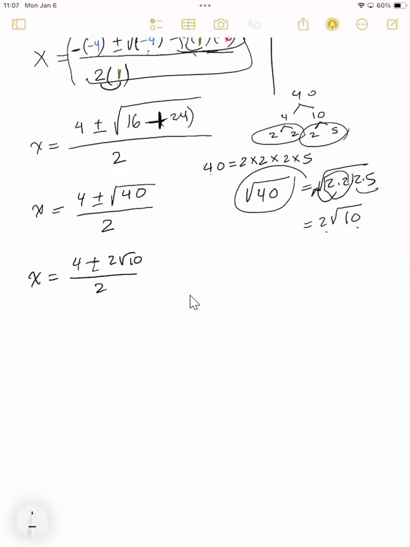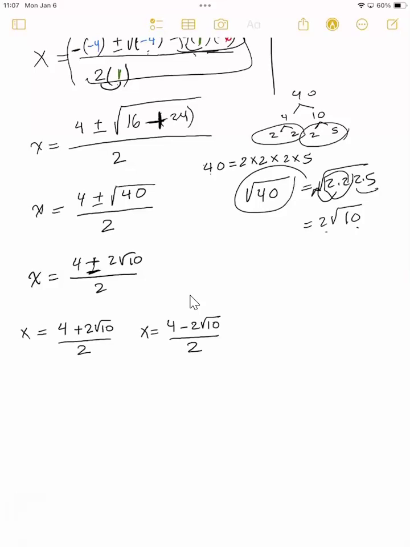And then I will write x is equal to 4 plus 2 square root of 10 divided by 2. And then you have a minus. x is equal to 4 minus 2 square root of 10 divided by 2.